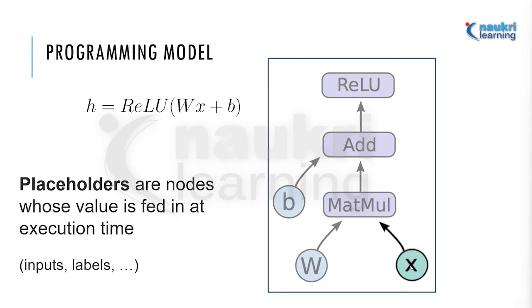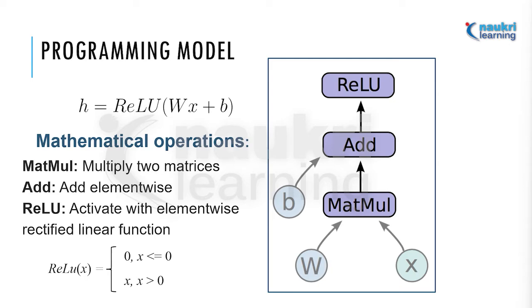In a general scenario, my inputs and the labels will be represented as placeholders. So variables and placeholders are what we'll be using, and on top of them we are going to apply this mathematical operation, that is matrix multiplication, element-wise addition, and then applying my activation function.